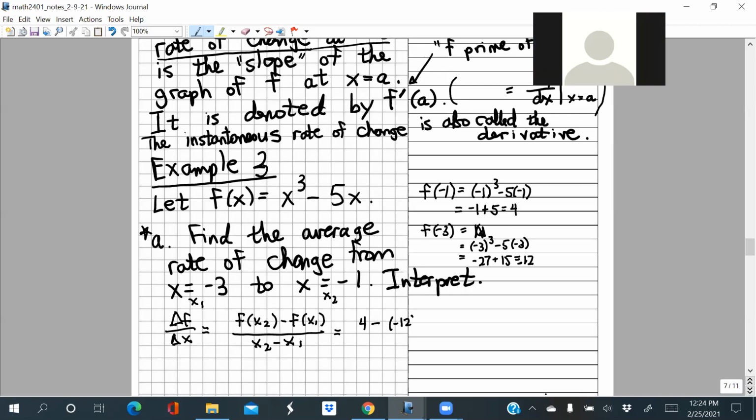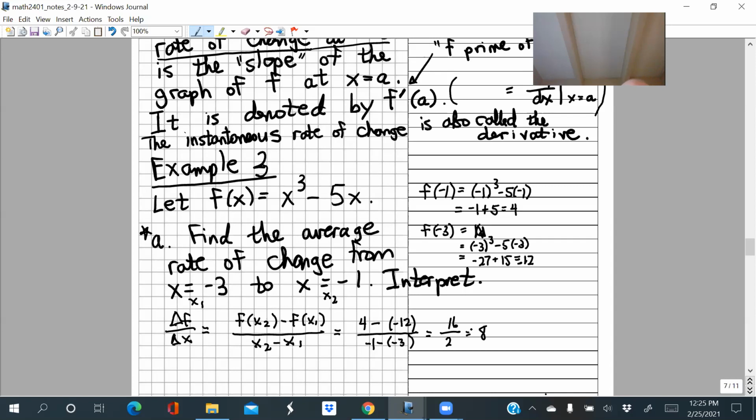I have 4 minus -12, and then all of that over -1 minus -3. So we end up with, oh, this is pretty easy. The top is 16, 16 over 2. And that's just 8.